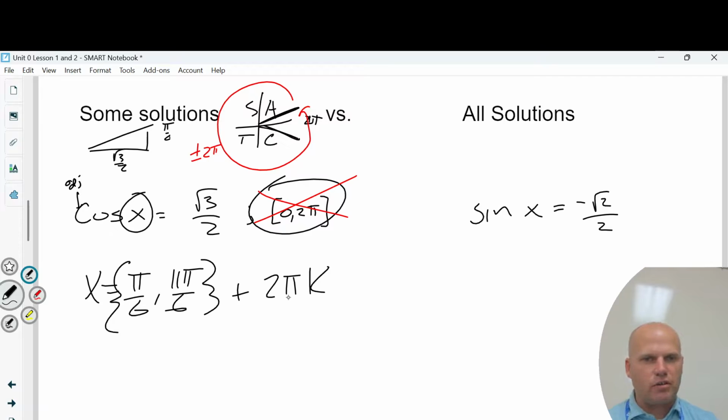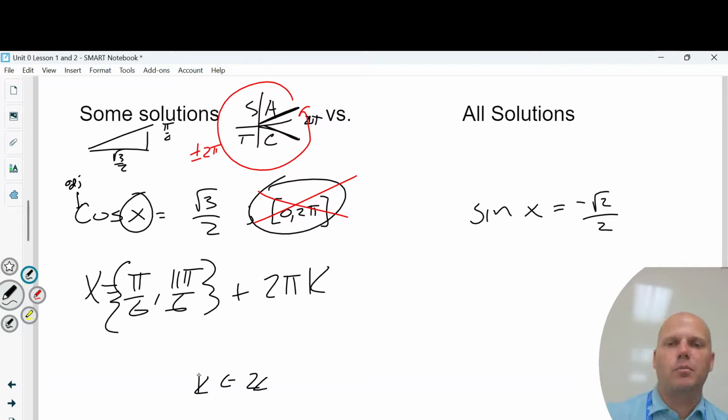Negative integers, 0. So we say k belongs to the integers. This is k, as you heard from your pre-calculus teachers. And all of a sudden we just turned some solutions, the solutions from 0 to 2 pi, into an infinite amount of solutions, just by adding this.